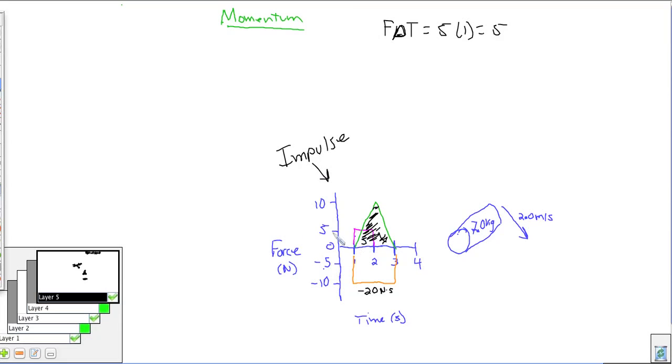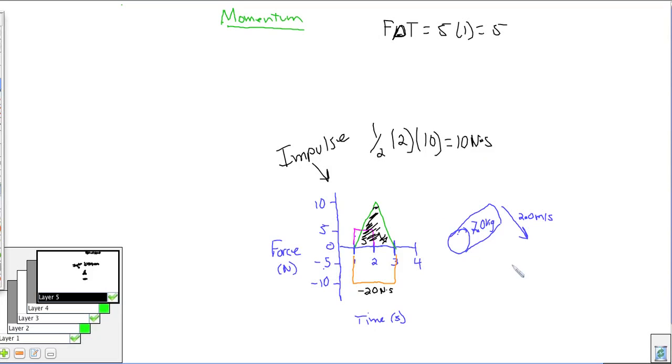So all I have to do is calculate the area. The area of a triangle is 1/2 base times height. My base is 2, and my height is 10. So this impulse is going to equal 10 Newton seconds.